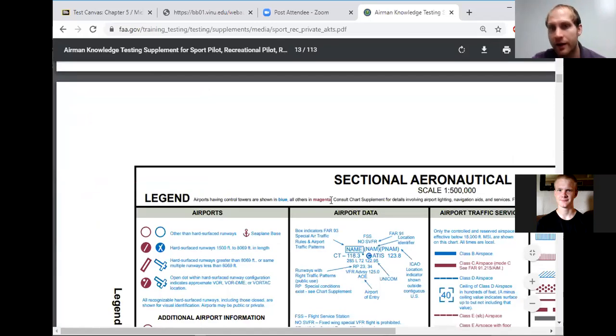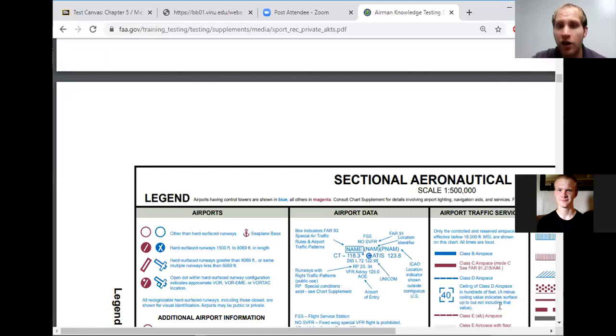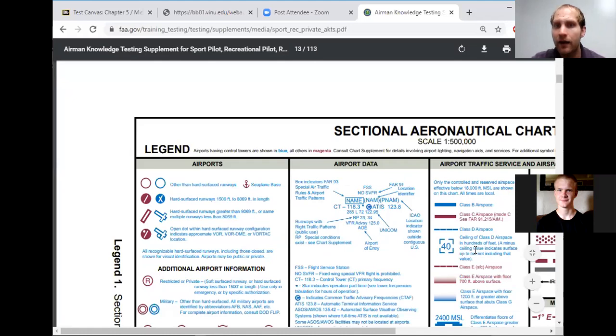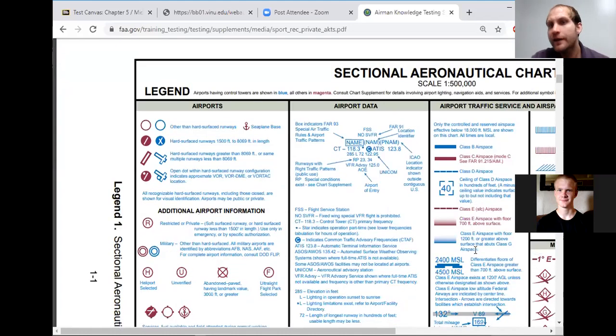All others are magenta. And this document here, the legend, could be very helpful to you because you might be taking that written exam. I had students missing questions on our test over some things such as, what's the control tower frequency? Well, you can open up this legend and it'll point it out to you right here and explain to you everything in that airport data block.